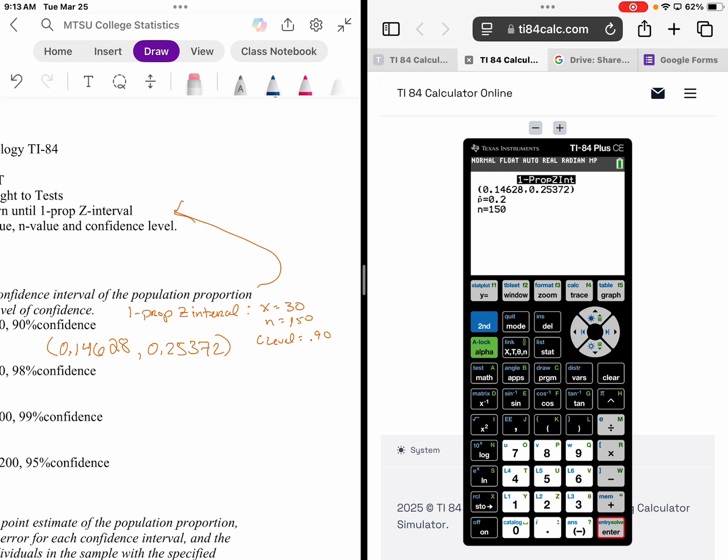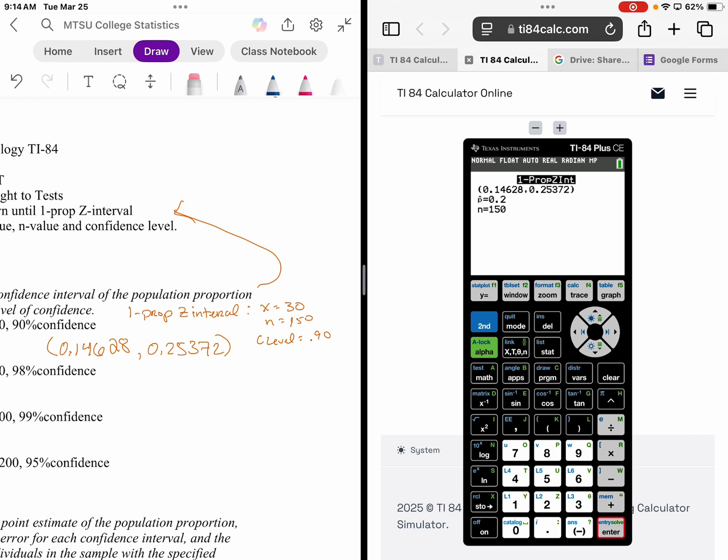Again, don't worry about rounding those. I would just write that down as your confidence interval. Don't worry about rounding it to a certain decimal place. That's enough to be able to decide on a multiple choice what you're doing. And write that down the way you see it, because that's the way I write it down when I put it on there.